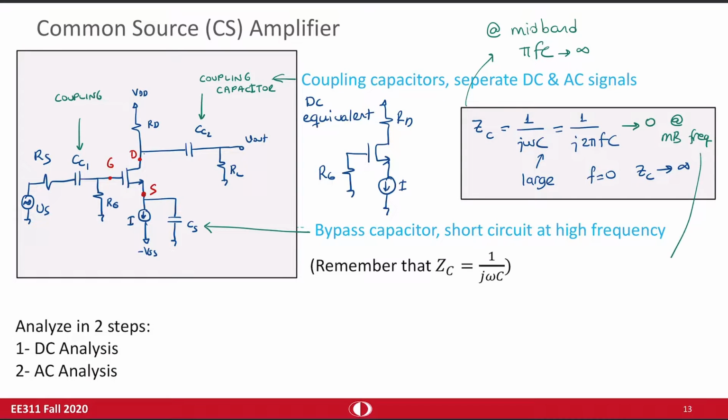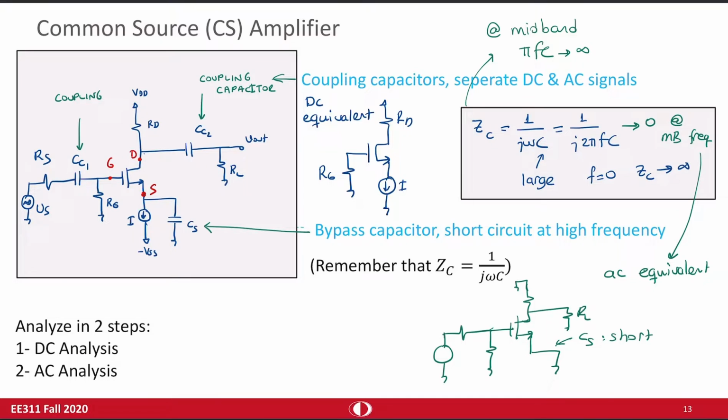Let's draw the AC equivalent network. This source is connected to here, and then we have this term, and this node is grounded because CS is a short. This node behaves like ground because I'm talking about AC, and this node will be RL.